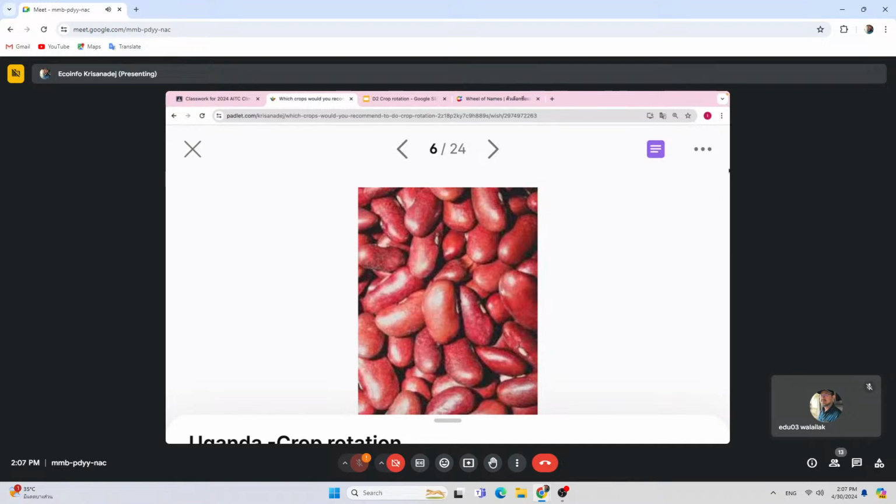If you keep growing only corn, you might not even produce. So that's why we need alternate years, and intercropping. Even though beans might not give you much, at least they give you something, and then next year, once you grow corn, you get profit.